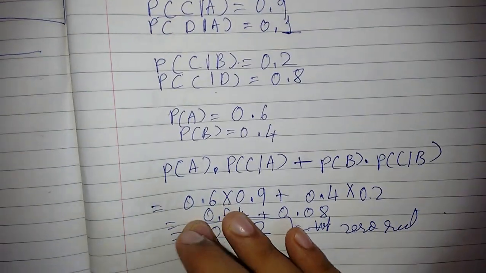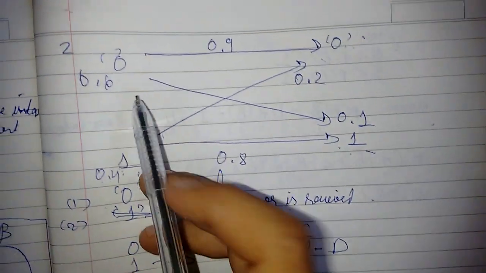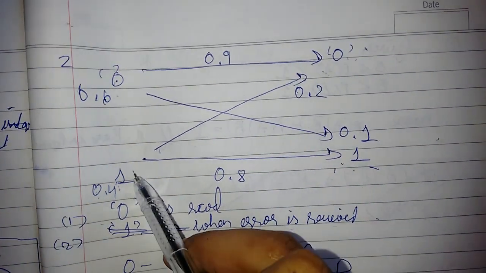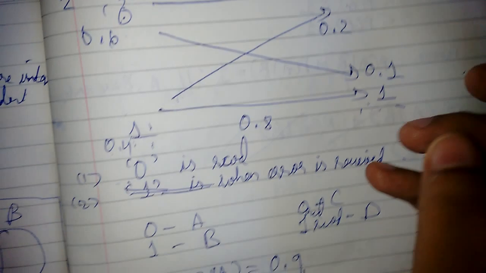Now for error, that is when we are sending 0 and we receive 1, and whenever we are sending 1 and we receive 0. Similarly, we can do this by using conditional probability. So the result is given by if 0 is sent and 1 is received, that is event D occurs when A is already done, right?